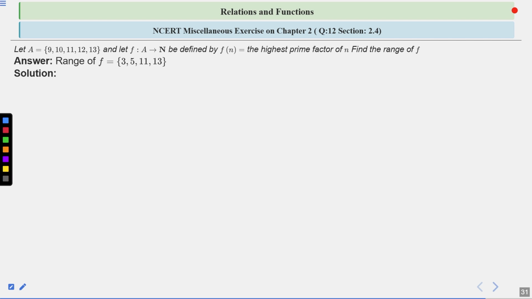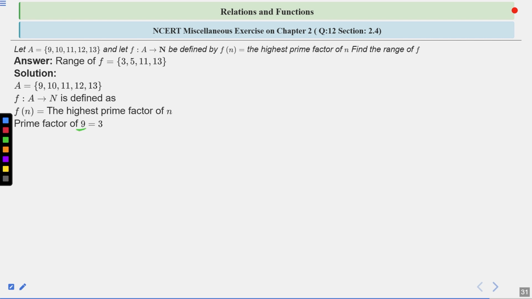So, solution. Set A is already given to us: 9, 10, 11, 12, 13, and F from A to N is defined. So for each input from the set A, the output is the highest prime factor of n.